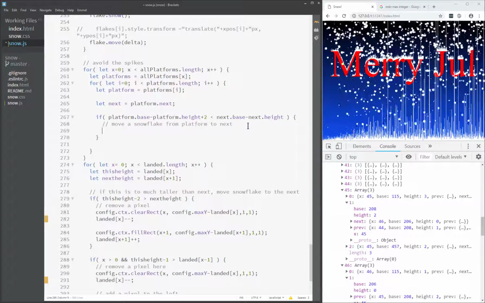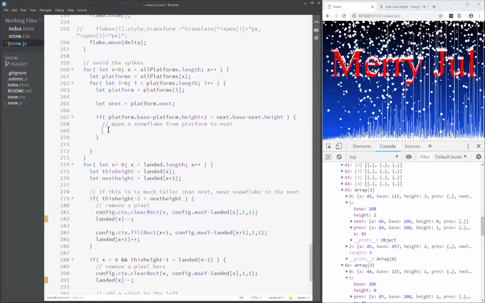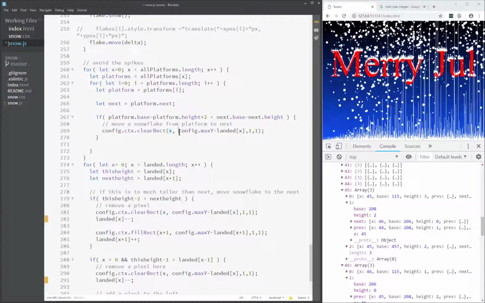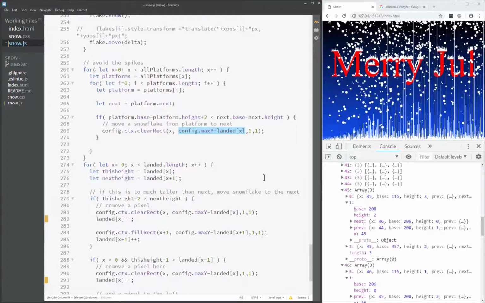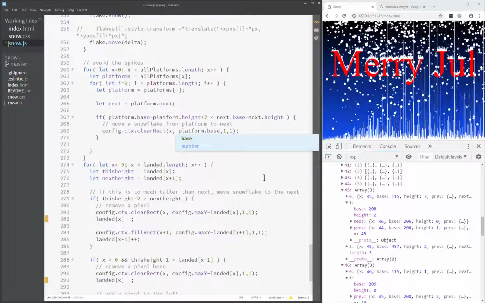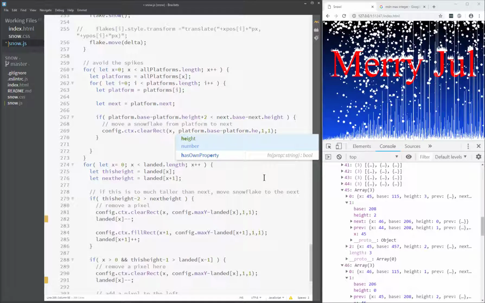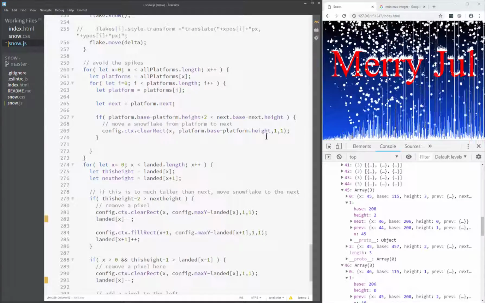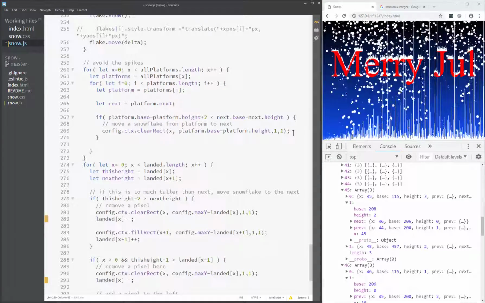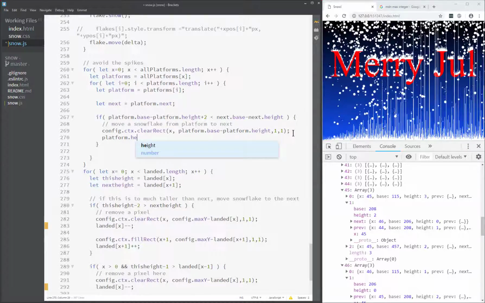That means first I clear one, like here. My x value is still my x value. And my y value is no longer this, but my platform base minus my platform height. And now I don't care about the plus 2 here. And I move a single pixel. This should be okay. And then I can subtract 1 from the platform height.